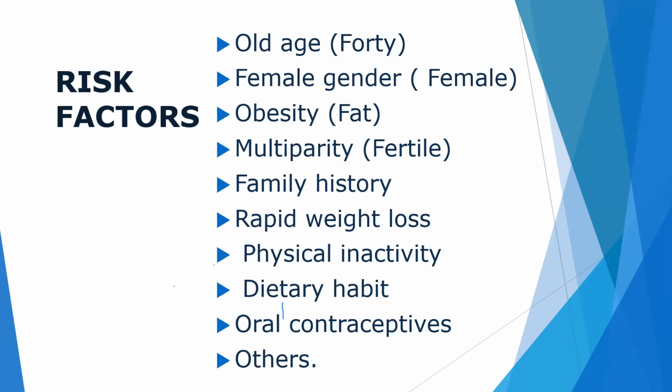In stage 1, because of all the factors I have just narrated, if for any reason a stone has formed, first the sludge and then the stone, and it dislodges into the cystic duct, then on the stimulus of food, when food enters from the stomach to the duodenum, the stimulus goes to the gallbladder for contraction, the stone is forced into the cystic duct, and that causes mid-epigastric colicky pain.